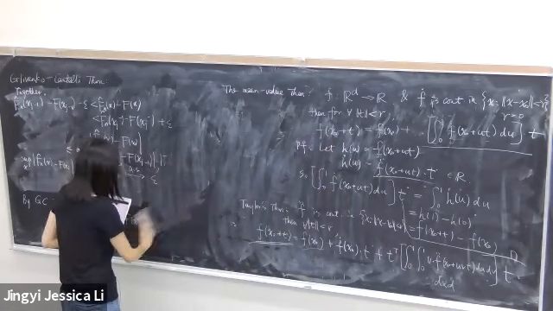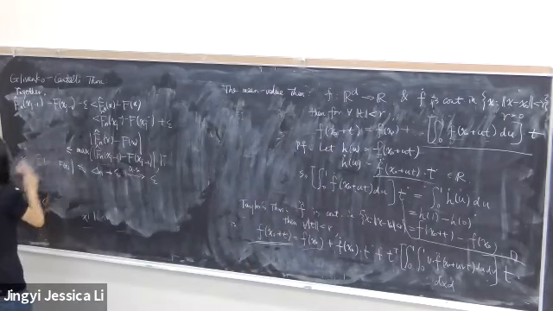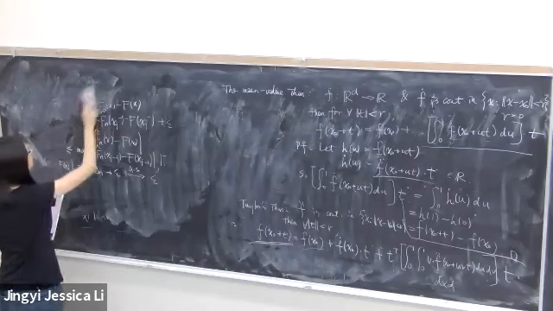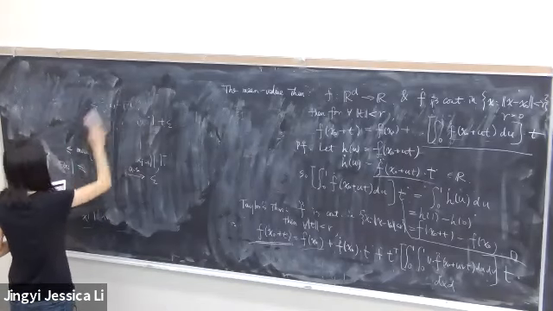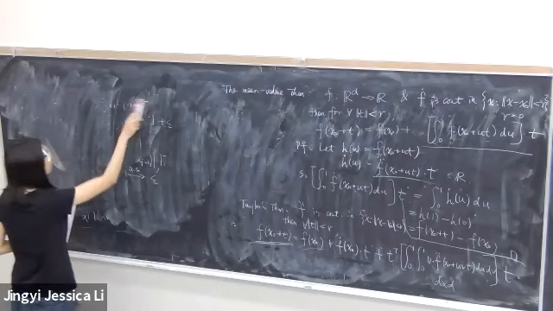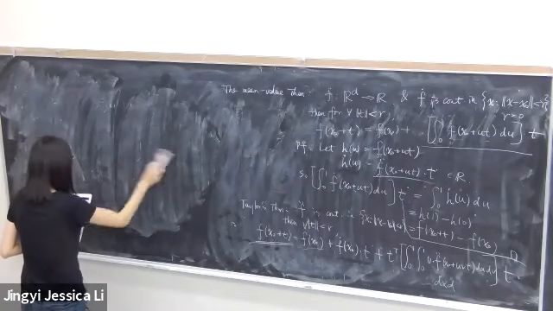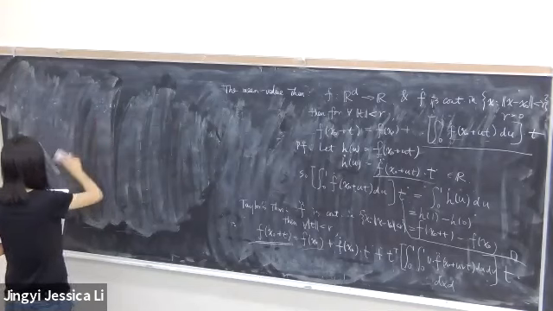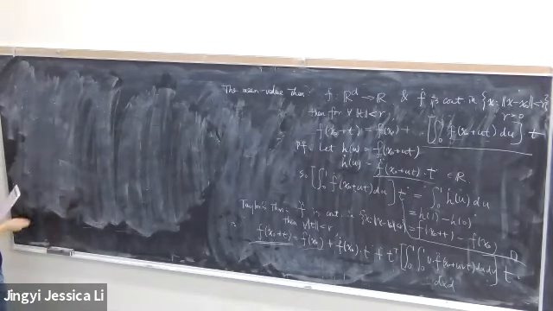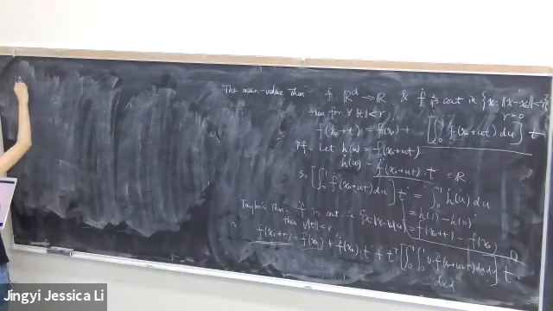Okay, so now let's talk about central limit theorem, characteristic function, those things. So for characteristic function of a random variable x at t, or random vector x at t.